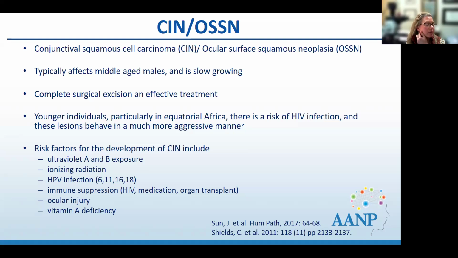And so, of course, UV exposure, ionizing radiation, high-risk HPV, immunosuppression, injury, and vitamin A deficiency, all those are risk factors for CIN. But if you have someone who's younger, you really do want to talk to your clinician about this. This patient might need to be tested for HIV.